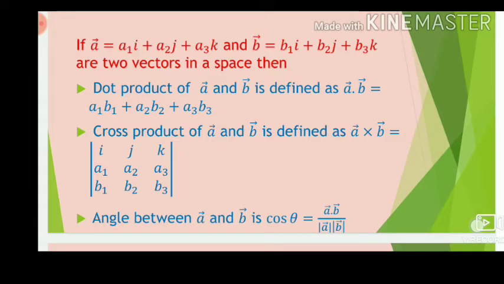The angle between A and B is defined as cos theta equal to A dot B divided by magnitude of A into magnitude of B. So theta equal to cos inverse of vector A dot vector B divided by magnitude of A into magnitude of B.